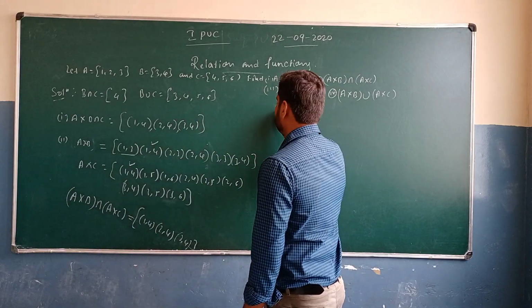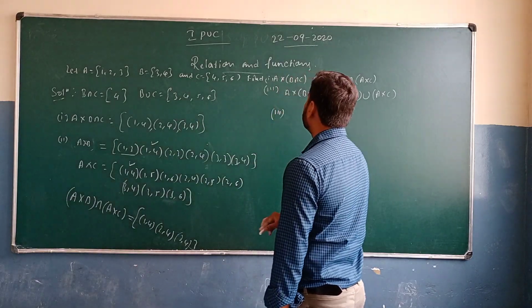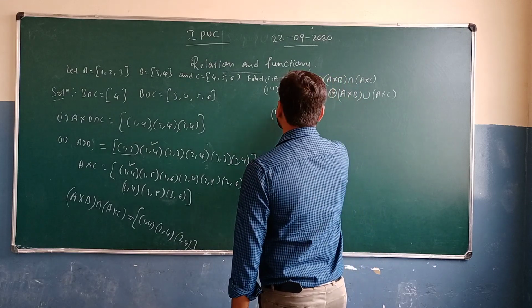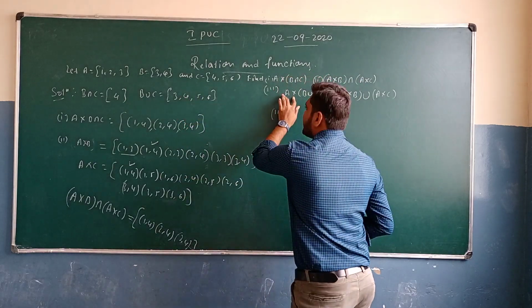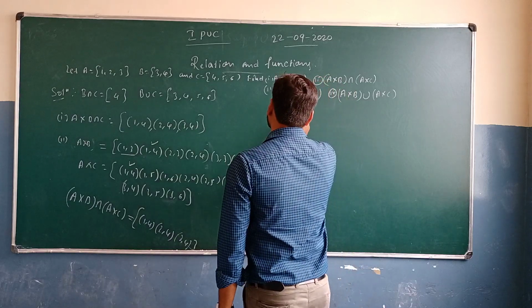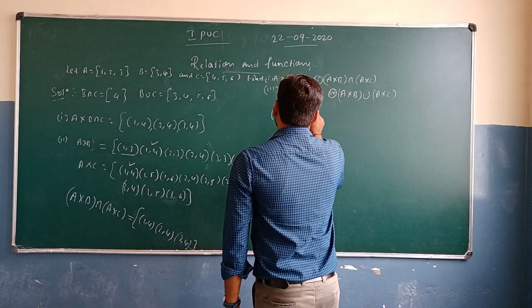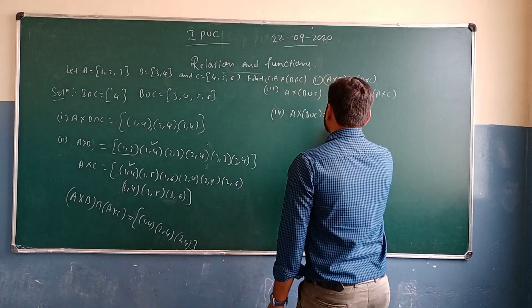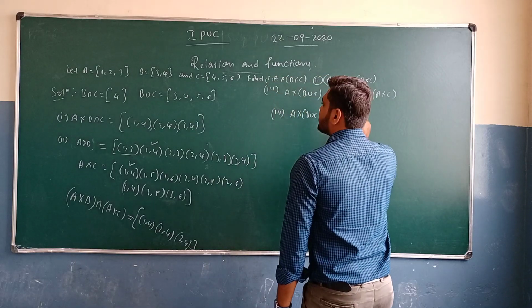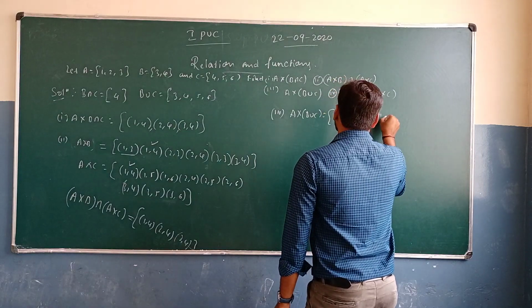Okay, so next one we need to find the third one. ಏನಿದೆ? B union C ನೋಡ್ಕೊಳ್ಳಿ. B union C ಏನಿದೆ? 3, 4, 5, 6. So Cartesian product with A ಅಂತ ಹೇಳಿದ್ರೆ, so A cross B union C is equal to 1, 3. So next 1, 4. So 1, 5.